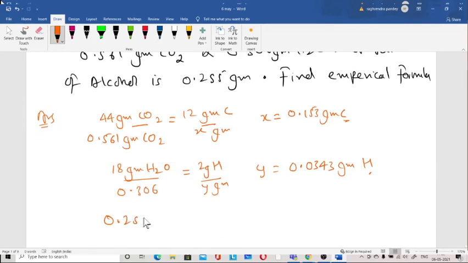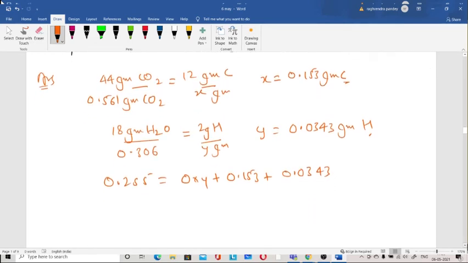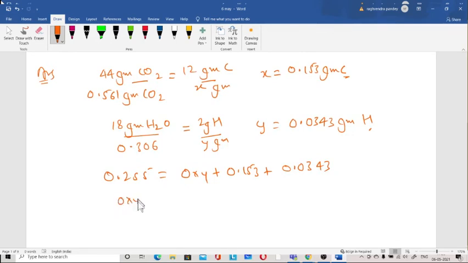Very simple: 0.255 equals oxygen weight plus carbon weight 0.153 plus hydrogen weight 0.0343. If you have any doubt, please ask. Then oxygen weight is approximately 0.068. So that is your oxygen.